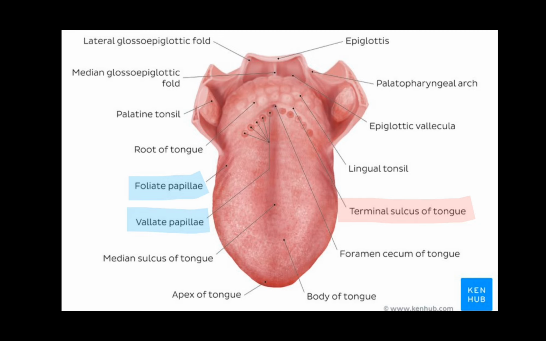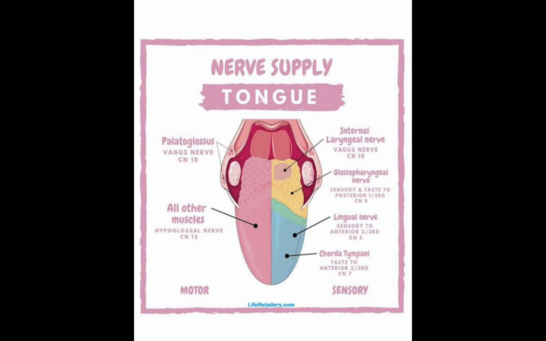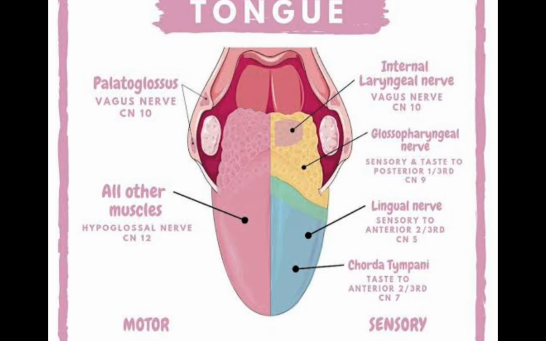Then we have the muscles. Muscles in the anterior and the posterior part, and how they are developed. In the muscle supply we have the palatoglossus muscle and the other intrinsic muscles.